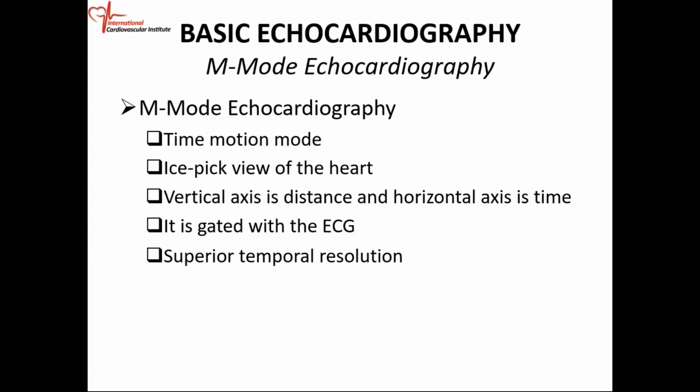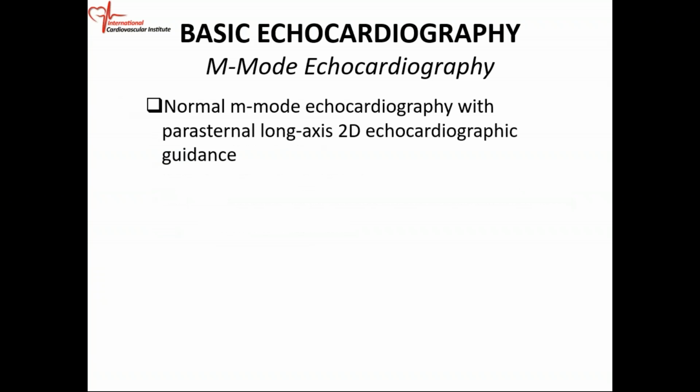Again, we're going to go over this when we do ultrasound physics. So when we do two-dimensional echo, we usually use up to say 100 frames per second. With the first set of M mode echoes that we did, we used about 3,000 frames per second. So yeah, M mode has much better temporal resolution than your two-dimensional echo. That's another exam question favorite.